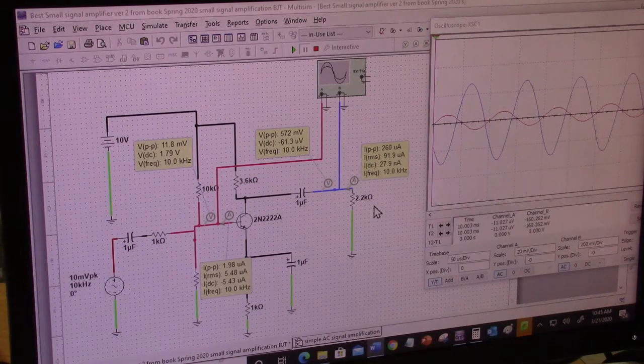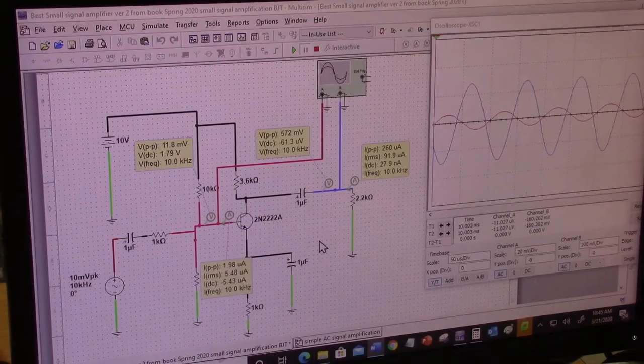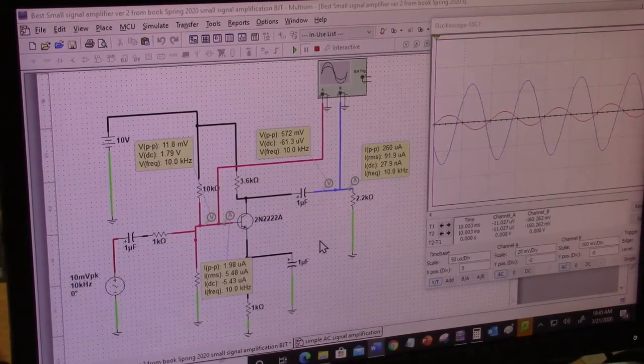All that would do is increase these values and make it a more efficient amplifier. Obviously, this would not be a very suitable amplifier if you're talking about high quality audio and things like that. But for all practical purposes, this is like a perfect amplifier.